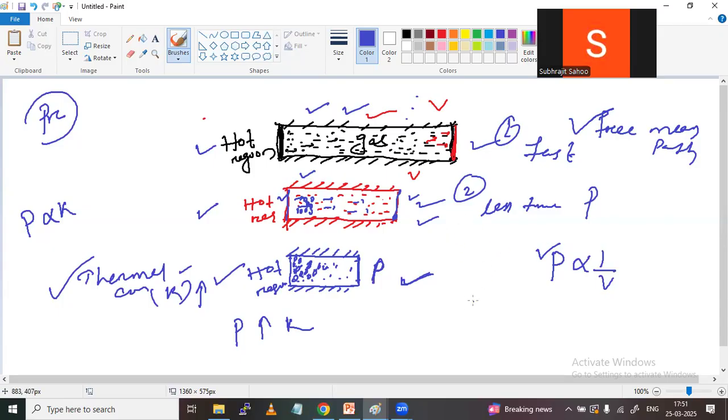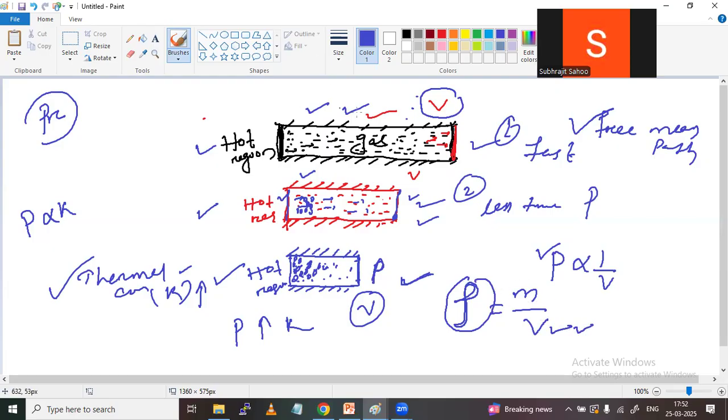What is the next one, sir? Next is density, rho, one more important parameter. Now see, in this case volume is more and in this case volume is less. We know rho equals mass by volume. If the volume is more, then density is less. If the volume is less, then density is more.